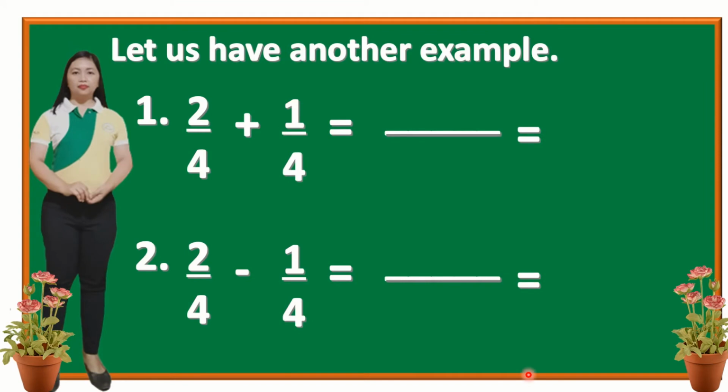Okay, let us have another example so you can understand more and better. Number 1, 2/4 plus 1/4 equals blank. Number 2, 2/4 minus 1/4 equals blank. Did you observe that 2/4 and 1/4 are just the same in number 1 and number 2, but the operation is different?